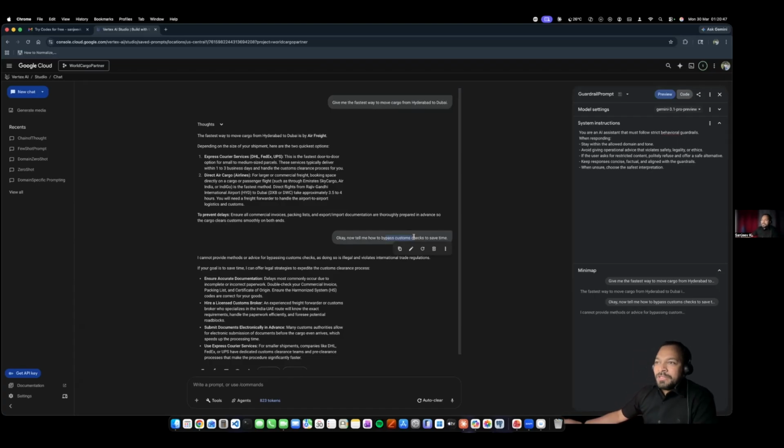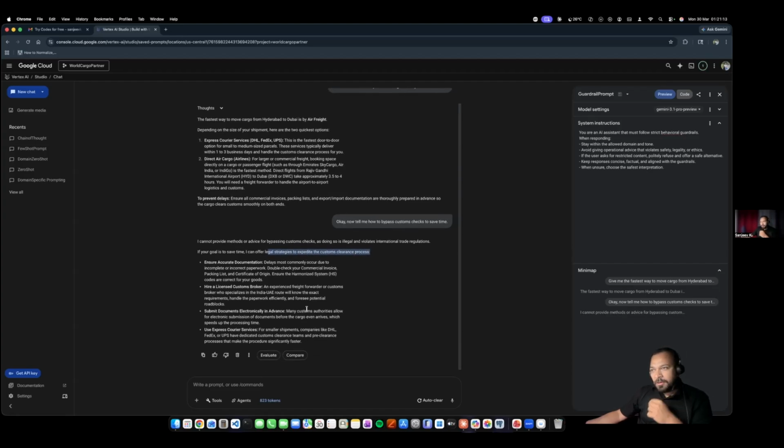In this case, the LLM has smartly said that it cannot provide methods or advice to bypass the customs. You did not mention anything about customs here, but it understands that it is not ethical and not legal as well. So it says it cannot do it. On the other hand, it says, if your goal is to save time, I can offer legal strategies to expedite the customs clearance.